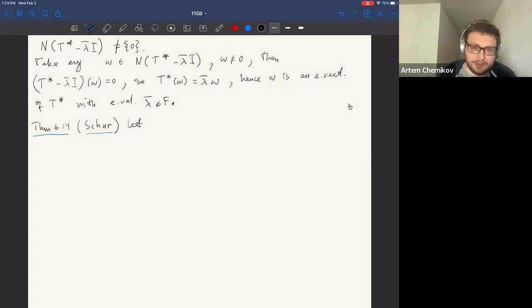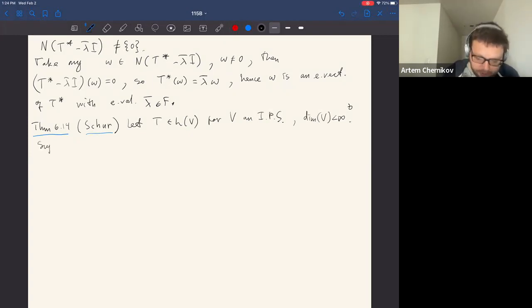The situation is the same as usual. Assume we have T, a linear operator on V, where V is an inner product space of finite dimension. Suppose that the characteristic polynomial of T splits.